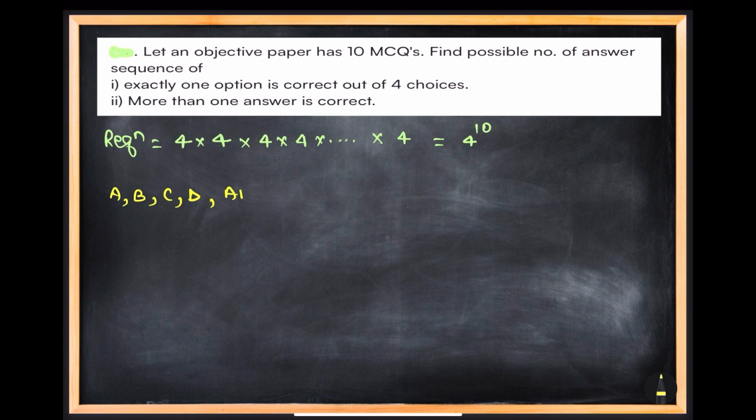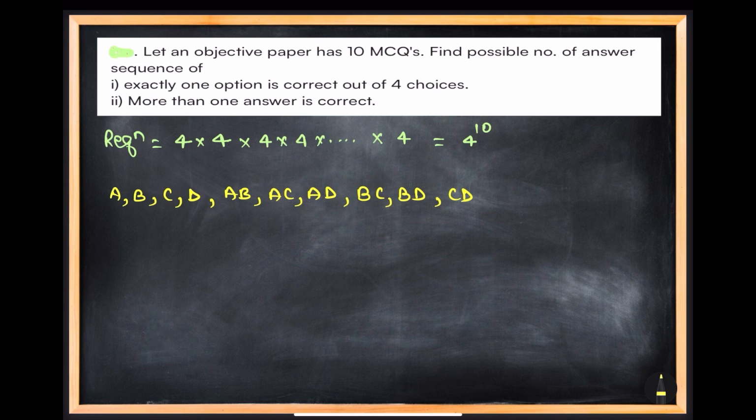So it is AB, AC, AD. You can also go with BC, BD or CD. So if two options are correct, this many cases will be there.